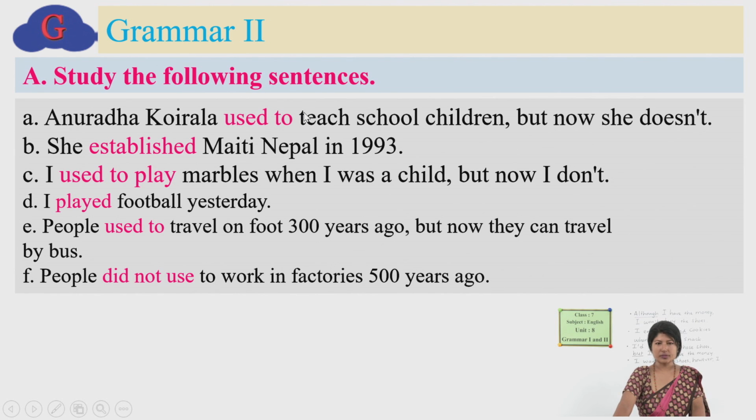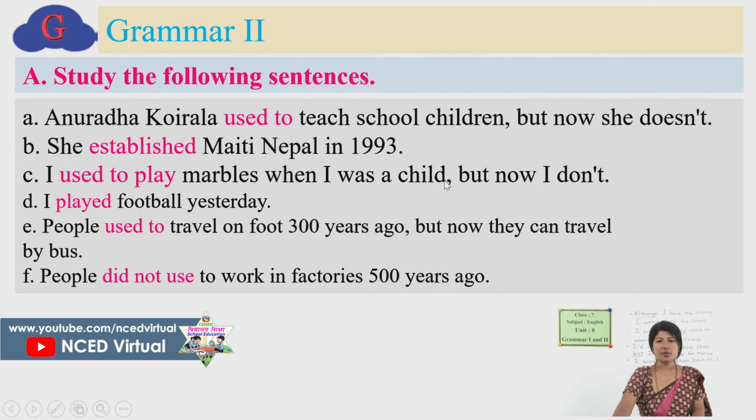Used to. So we are to focus on the highlighted part. Number B. She established Mighty Nepal in 1993. Number C. I used to play marbles when I was a child, but now I don't.